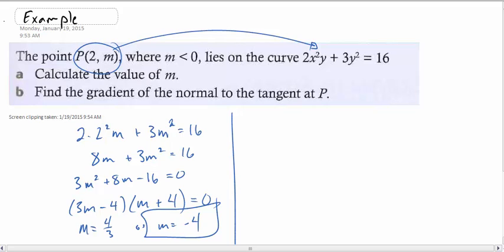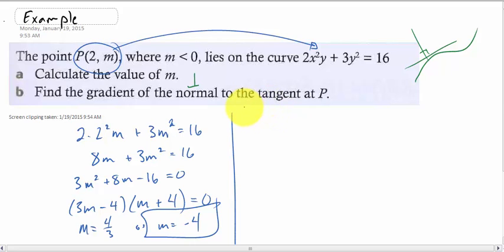Gradient of the normal to the tangent, what does that mean? Well, what that means is if we have a curve, there's the tangent, the normal will be perpendicular to the tangent. So we need to find the derivative.